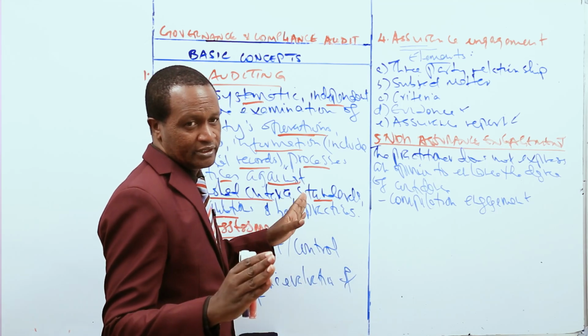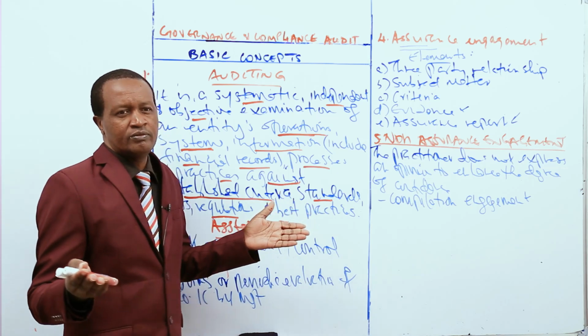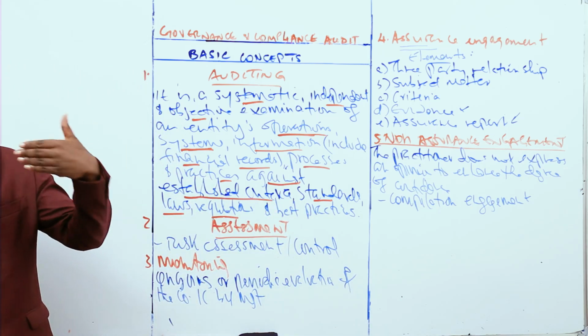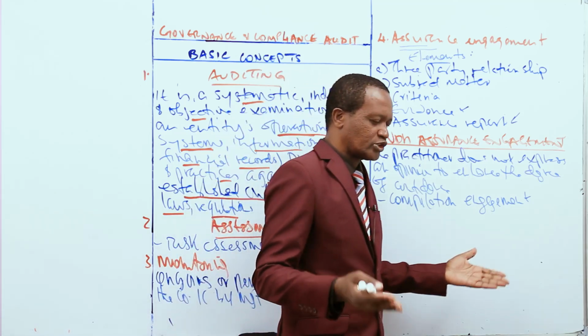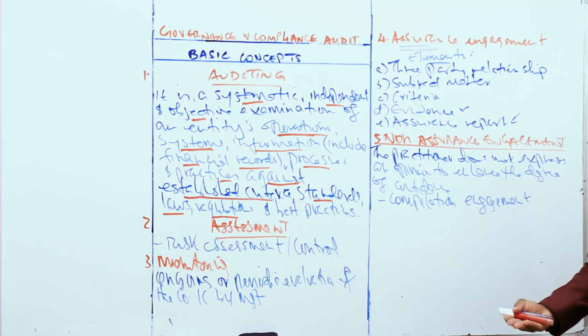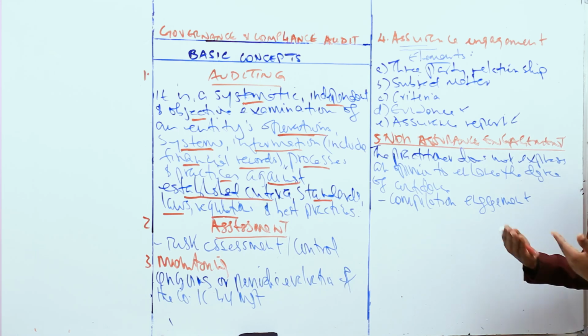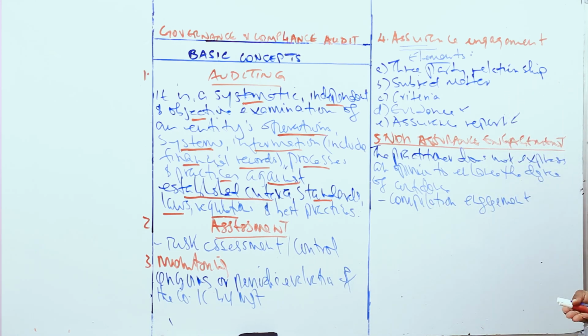Just compiling, preparing financial statements from client provided information. You may be called as a practitioner to help the company to compile the financial statements in a form that is required by international financial reporting standards. When that happens, the practitioner is not required to provide any assurance.